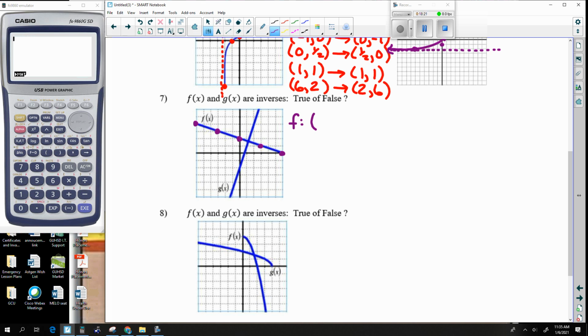So on F, I see that I have (-6, 4), (-3, 3), (0, 2), (3, 1), and (6, 0).